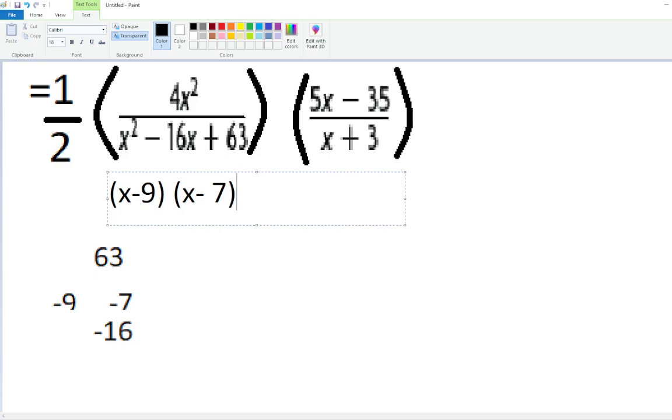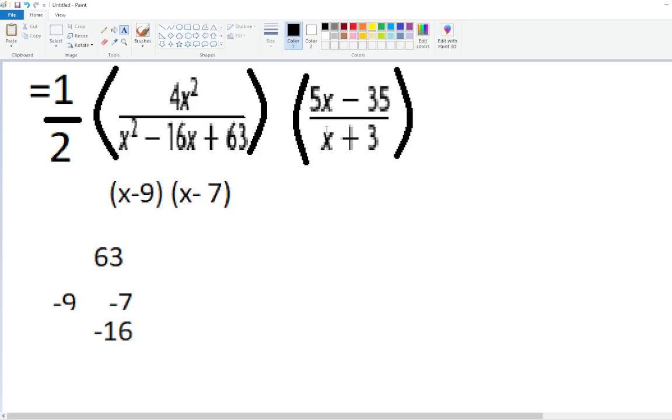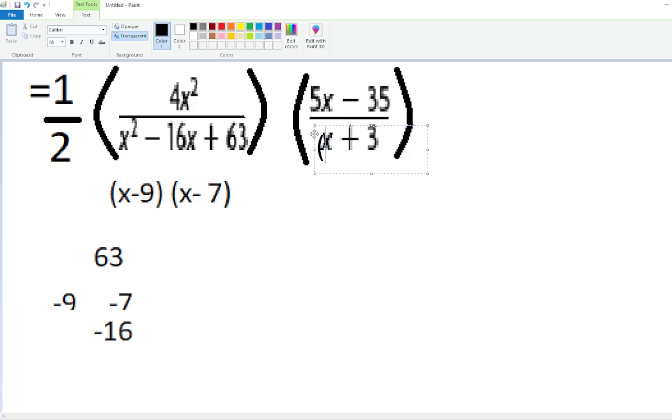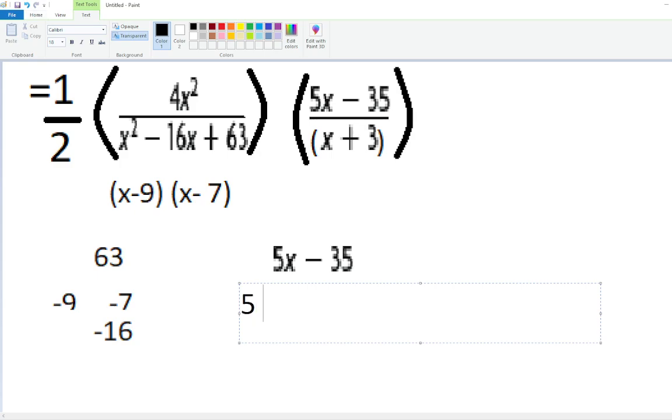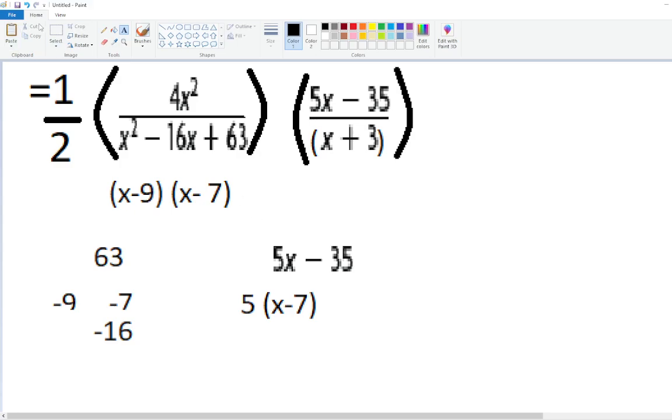This other one on the right, you can't really simplify this anymore. It's going to be x plus 3 no matter what. But the thing on the top has a 5 in common with everything. So that means I can factor this right away by 5. And I get 5 times x minus 7. And there you go. There's an x minus 7 at the top now.